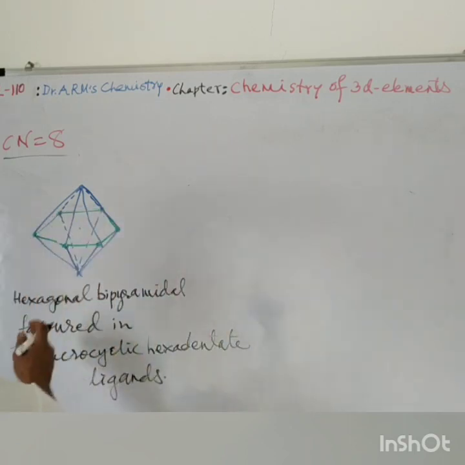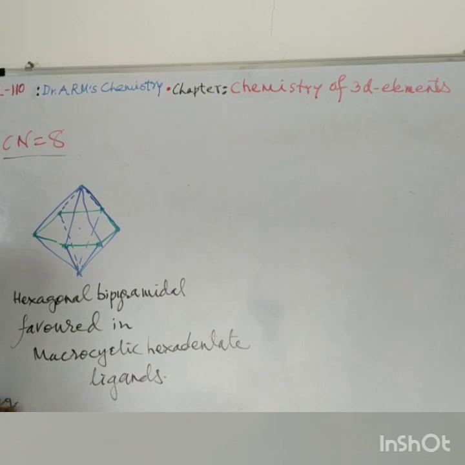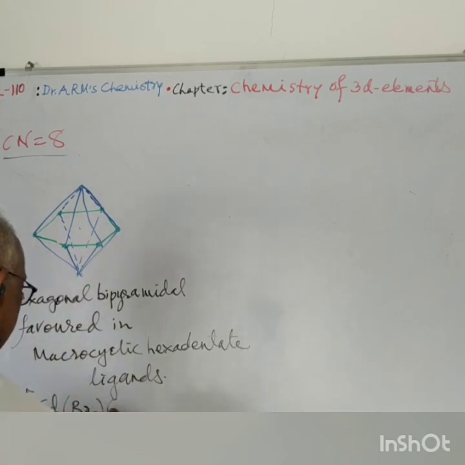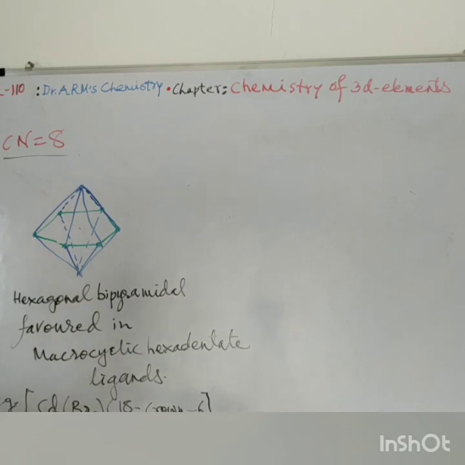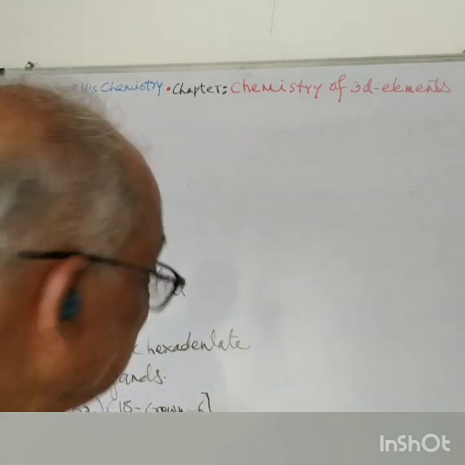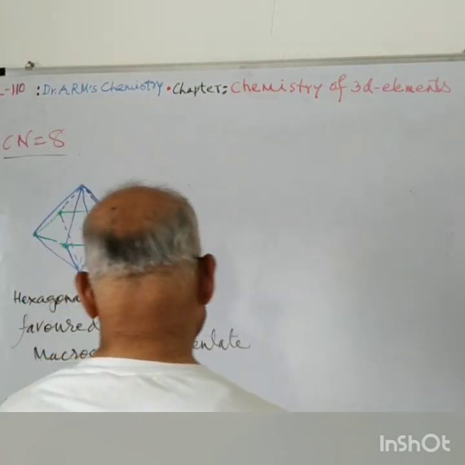The example of this structure is, for example, cadmium CdBr2 with 18-crown-6 ether.